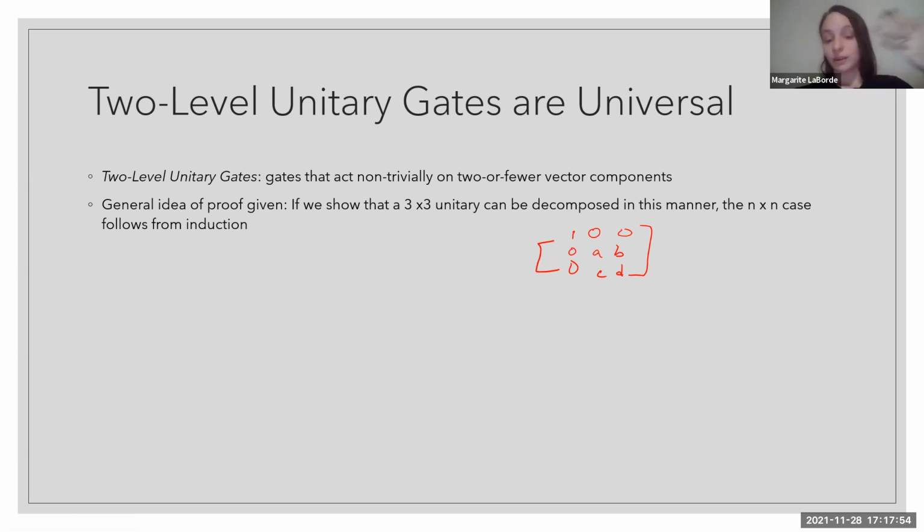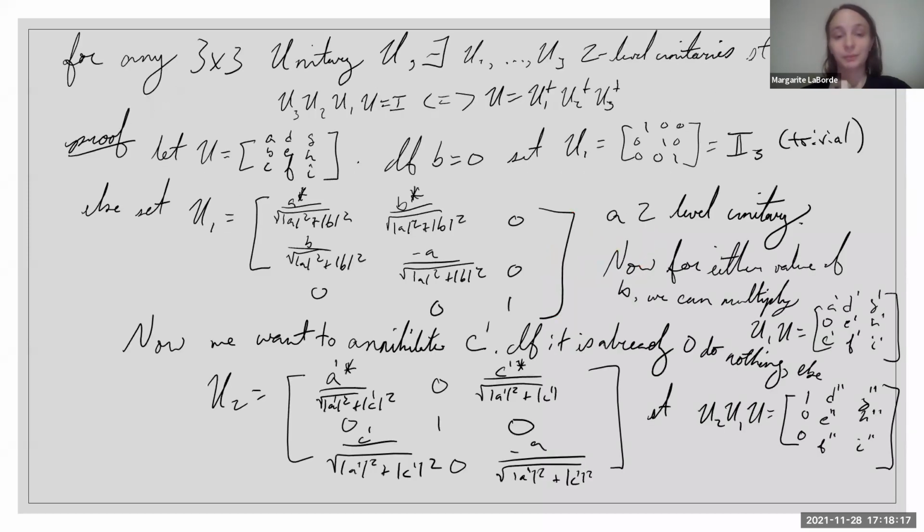And the general idea of the proof is that, okay, well, first step up from 2-level unitaries is a 3x3. And if we can show you how to do it for a 3x3, you can generalize that approach via induction to do it for n by n, or d by d, whatever the case may be. And so I have that proof written out for y'all. Please excuse my extremely messy handwriting, but this is generally how it goes.